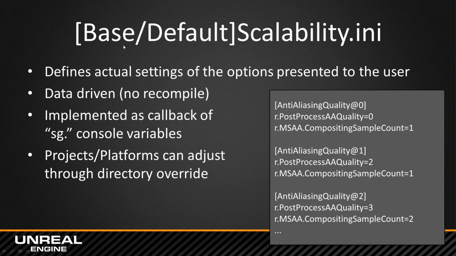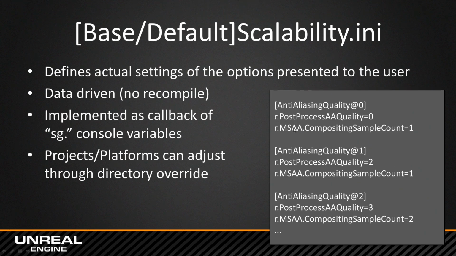There's another file called, for example, base scalability.ini, but also other names. In that one, that defines how the scalability groups are actually defined. For example, SG anti-aliasing quality, low, medium, high, or epic, is defined like this.